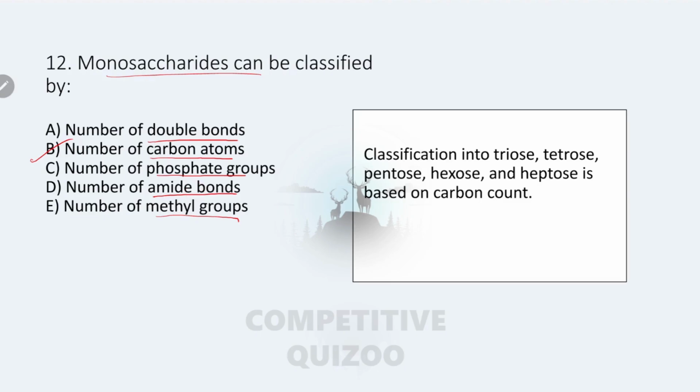Based on the number of carbon atoms, monosaccharides can be classified as triose, tetrose, pentose, hexose, heptose, etc. These are 3, 4, pentose is 5, hexose is 6, and heptose is 7 carbons. This indicates the carbon count in the saccharide. Glucose, for example, is a hexose. The formula is C6H12O6, so 6 carbon atoms.